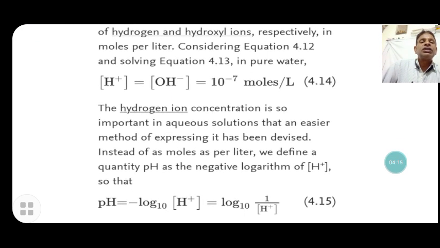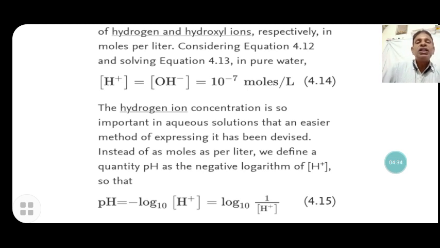Hydrogen ion concentration is so important in aqueous solutions that an easier method of expressing it has been devised instead of mole per liter. We only use the concentration of hydrogen ion as a number, excluding the mole per liter.